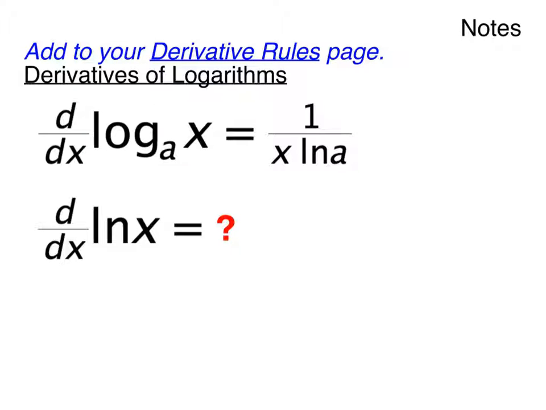Remember, natural log of x equals log base e of x, so a is e. What's the natural log of e? It's 1. Since the natural log of e is 1, that whole natural log part on the bottom goes away. So it's just 1 over x.